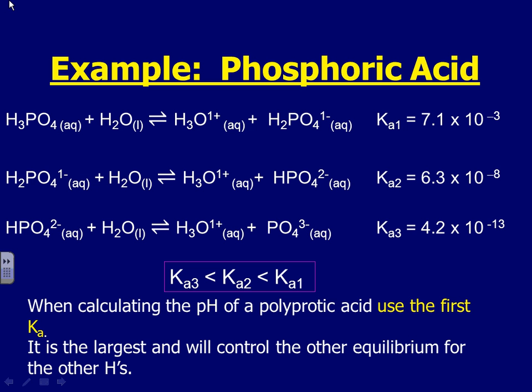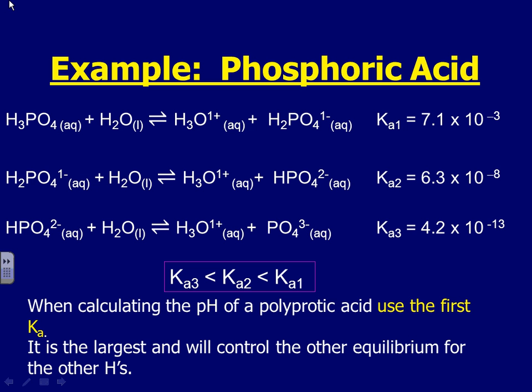And so essentially the question becomes, okay, how then am I going to determine the pH of the solution? Due to the fact that the second and third ionizable hydrogens are so weak, they will contribute such a small amount of H pluses that, when it comes to significant digits, we can ignore them.